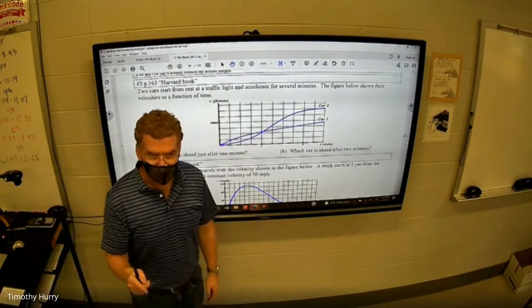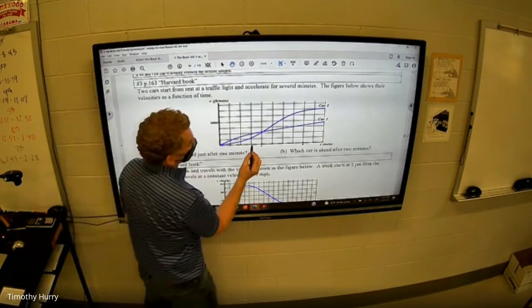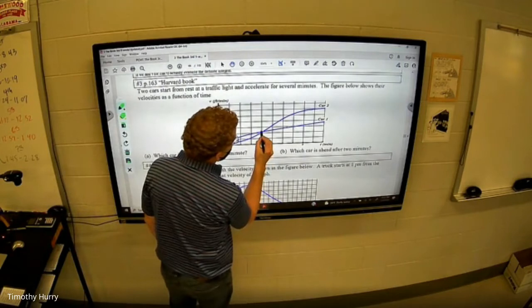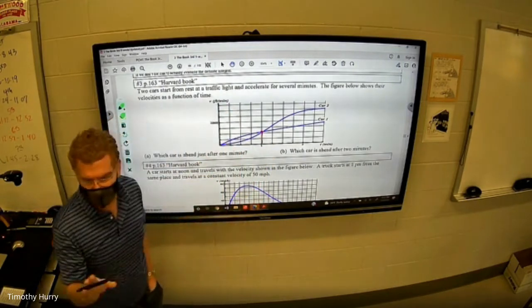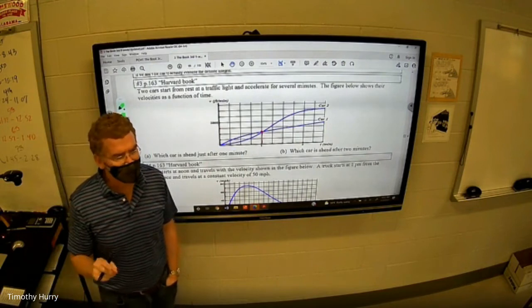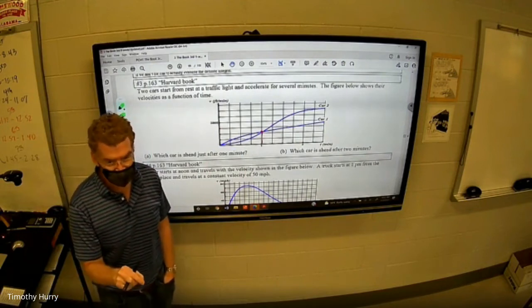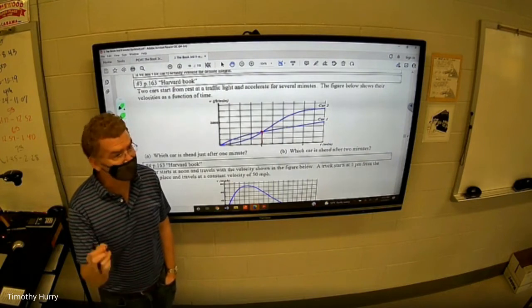Now, a lot of people make the mistake of doing this. They go, well, after 1 minute, they're at the same place, which is kind of what they're supposed to look like. Wait a minute. No. After 1 minute, they're going the same speed, right? The same velocity.